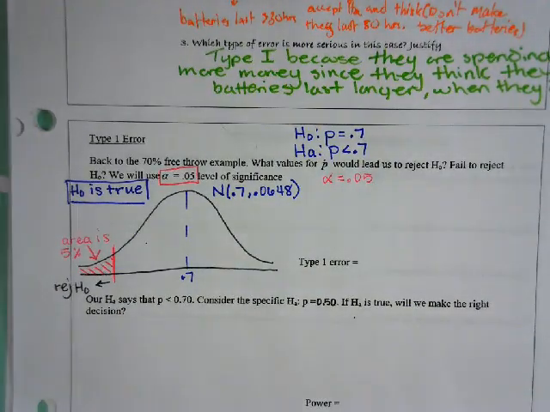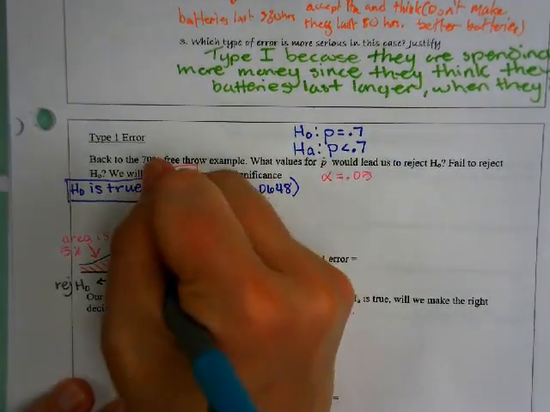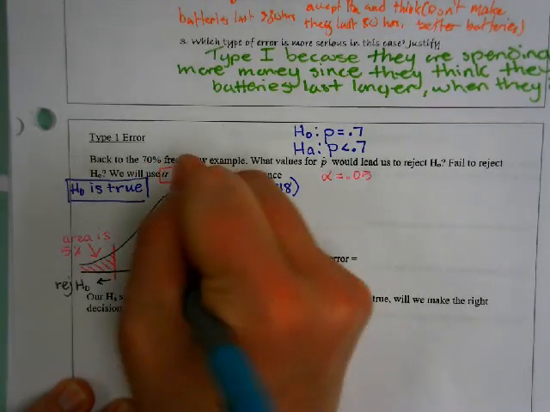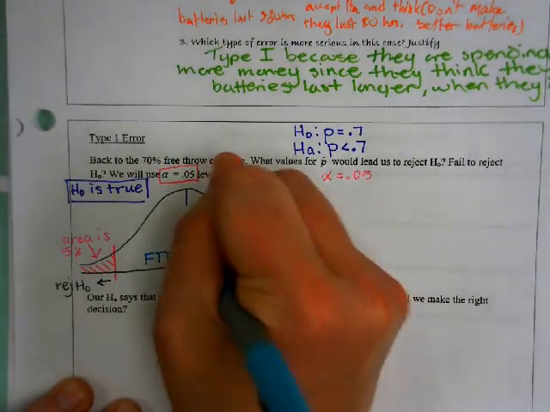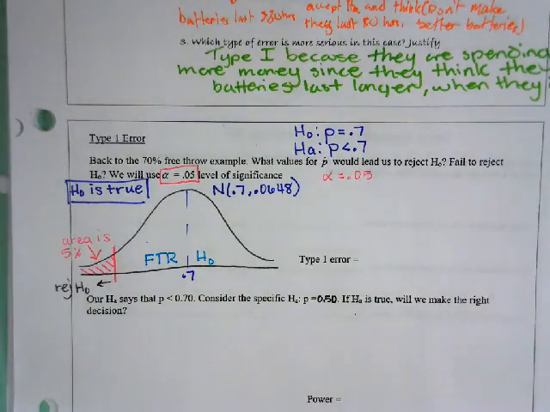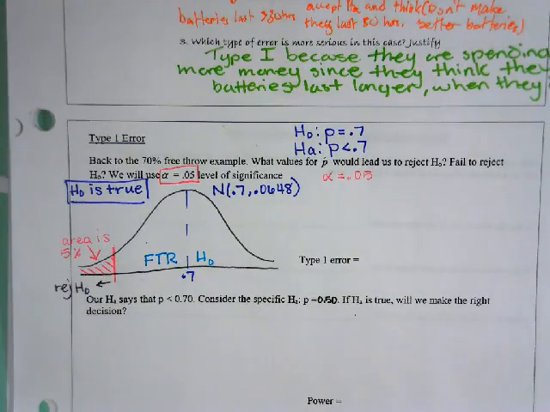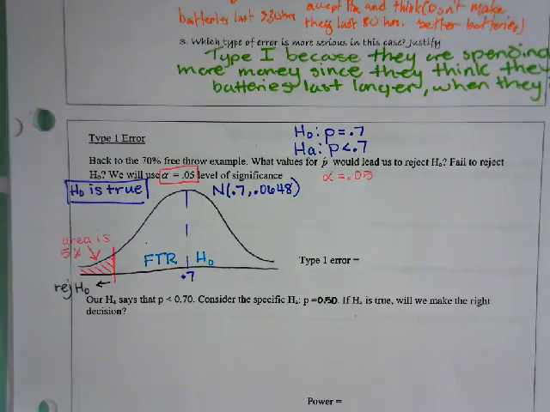What if she was more than the 0.7 free throw, but she's really at 0.7? Well, our alternative is less than. You're thinking about if it was greater than or not equal to.